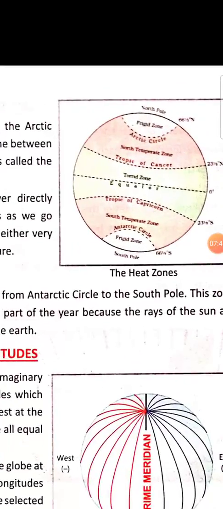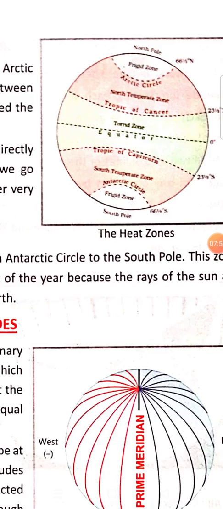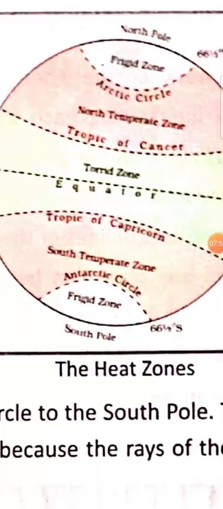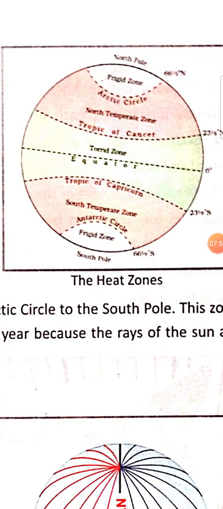The torrid zone. The Tropic of Cancer and the Tropic of Capricorn mark the limit of this zone.